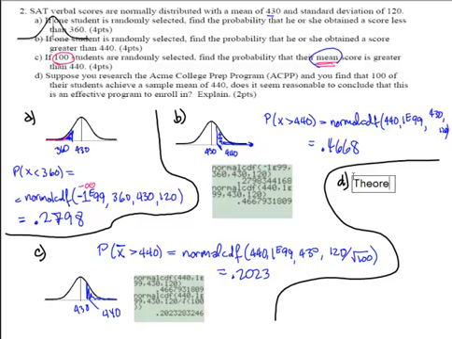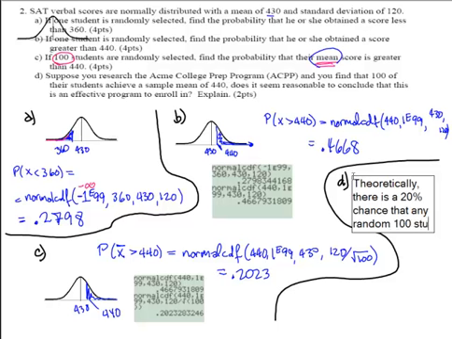So theoretically, there is a 20% chance that any random 100 students can achieve a score of 440 or higher.